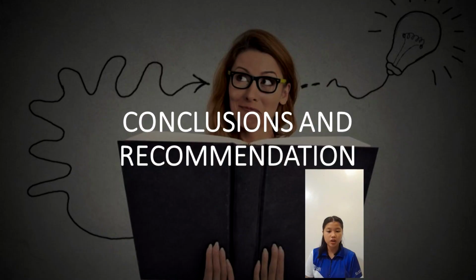As a conclusion and recommendation, the discovery of the formula in getting the three-dimensional diagonal in a figure plays a significant role not just in geometry but other fields like engineering, architecture, and design.